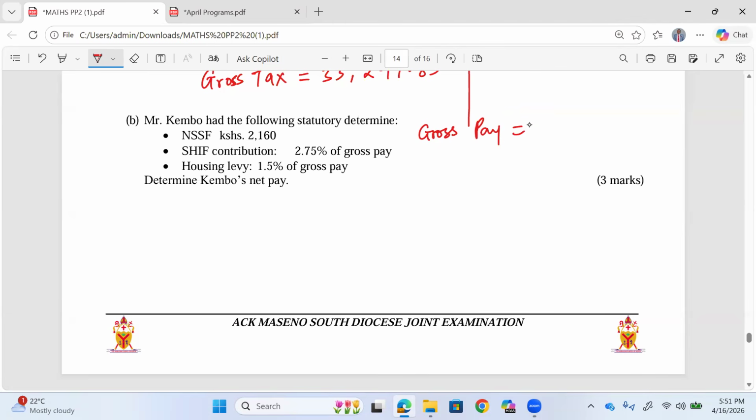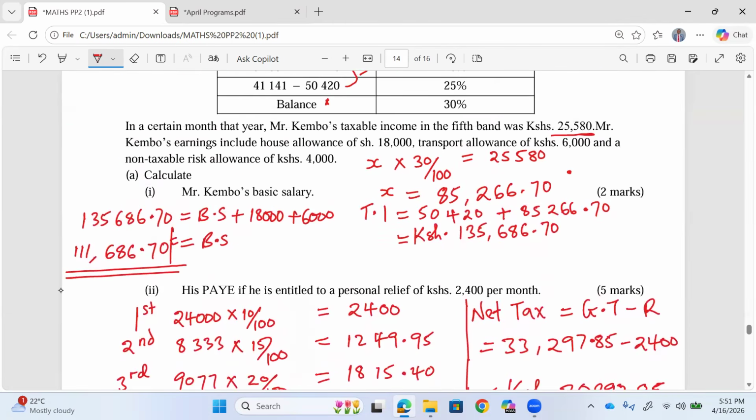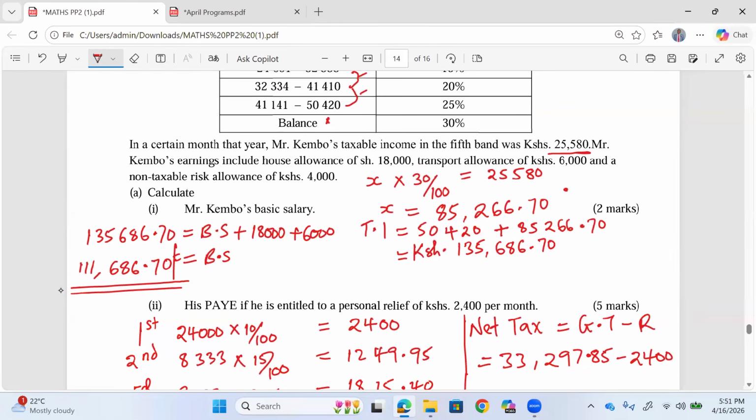Gross pay, or rather gross income. Gross pay shall be everything that he earns, plus whatever is not taxed. So we add the taxable income now, which is 135,686.7. We add the 4,000, which is not taxed, so that you may get the gross income.